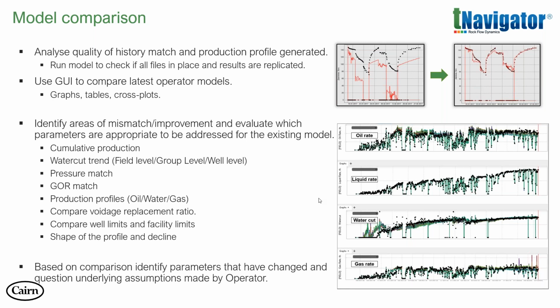So it was quite a good time-saving exercise that tNav helped with, just so everything was in one place. All things can be compared and contrasted quite easily, and you get down to understanding what things have changed, and ask the right questions on what the operator has actually changed.